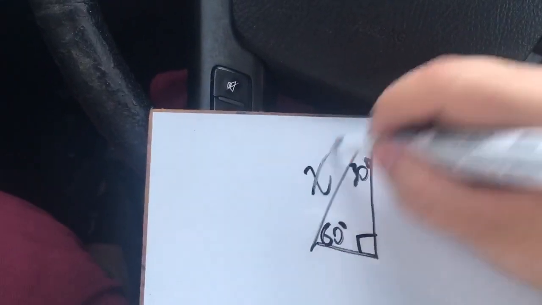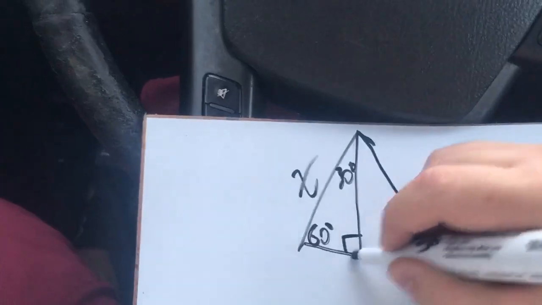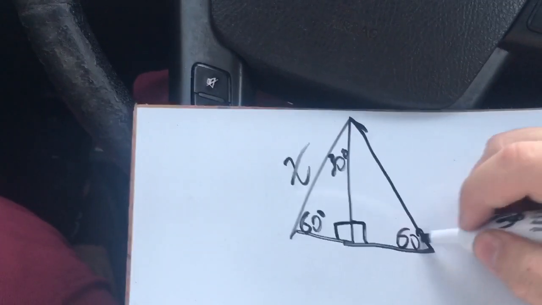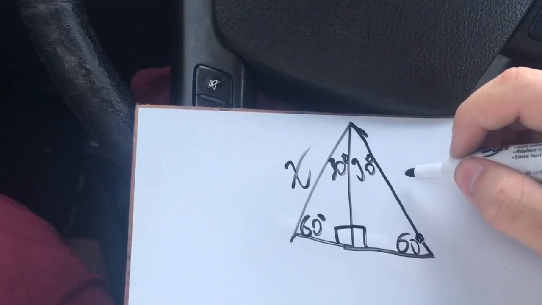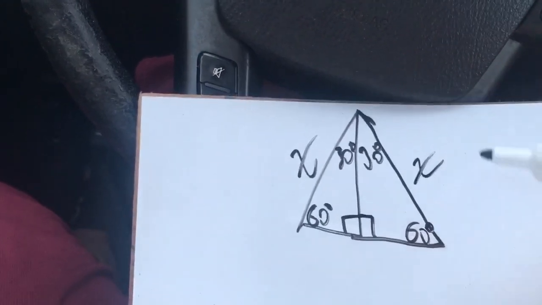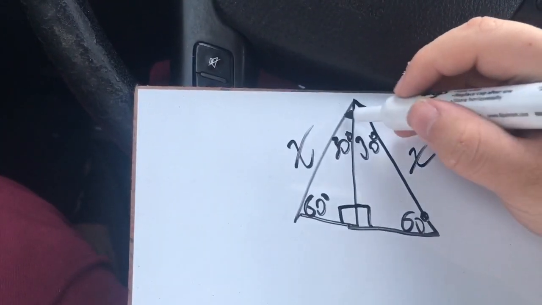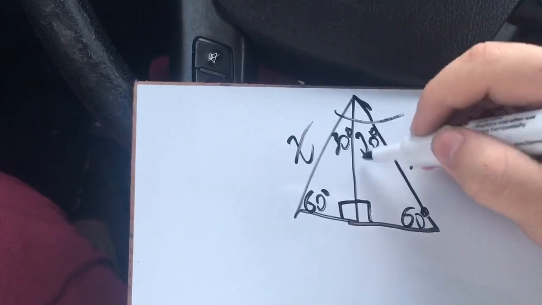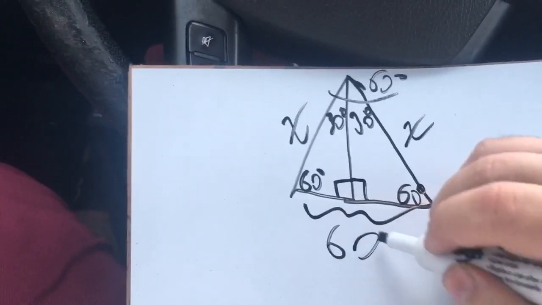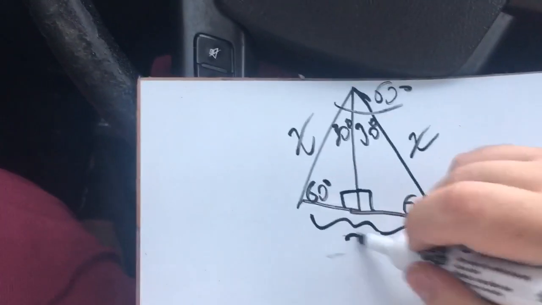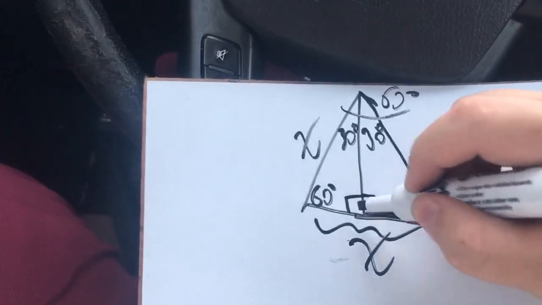I'm going to label this x, and I'm going to draw another 30-60-90 triangle, and this is going to be x. Since this is 30 and 30 plus 30 is 60, this angle is 60, which means this side is x also.